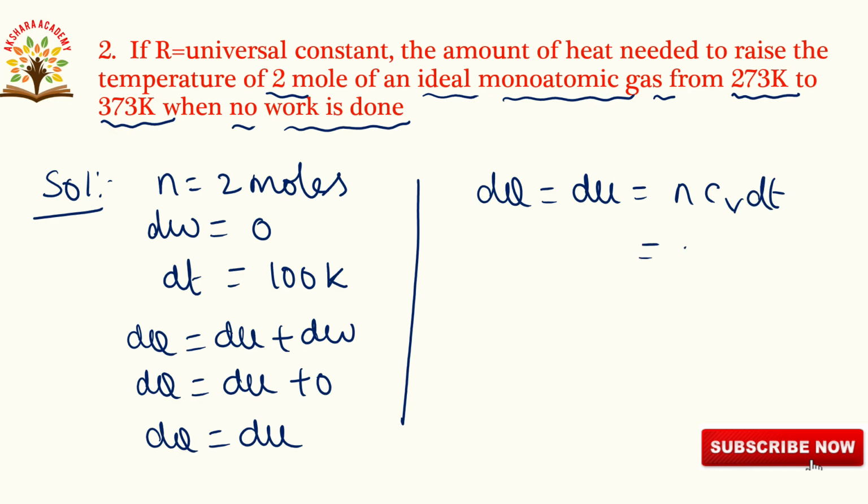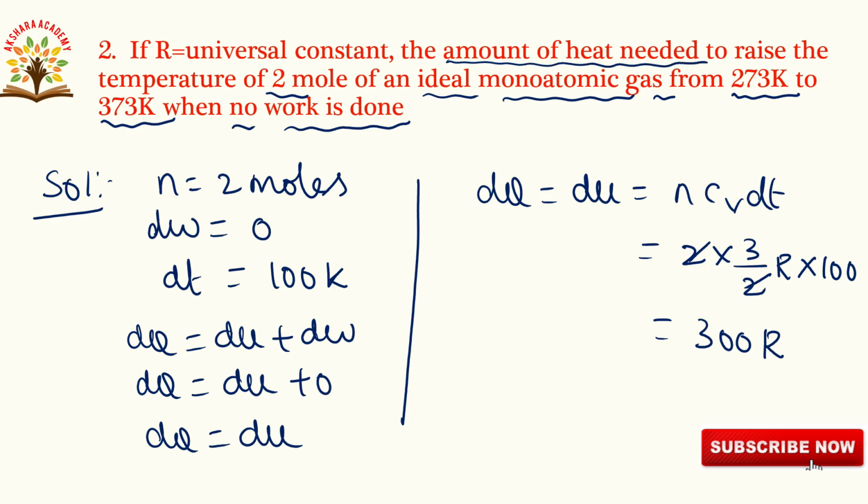Nothing but number of moles 2 moles, Cv value for monoatomic gas 3 by 2 R, into dT 100. Here 2 gets cancelled, that is equal to 300 R. So we have to calculate the amount of heat needed to raise the temperature of 2 moles of an ideal monatomic gas from 273 Kelvin to 373 Kelvin when no work is done.